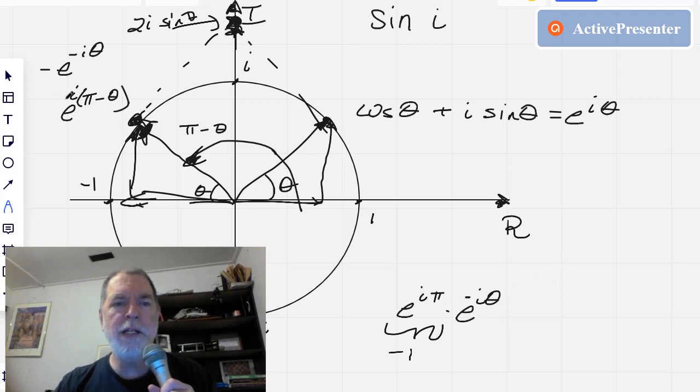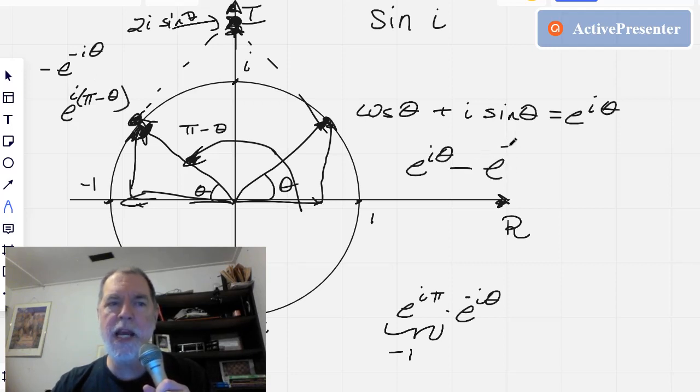We've got the sum of these two vectors is e to the i theta, this one was e to the i theta, plus this one, so plus minus e to the negative i theta, and that equals 2 times i sine theta. Now we're just about there.